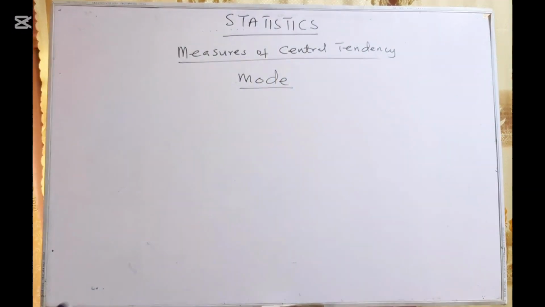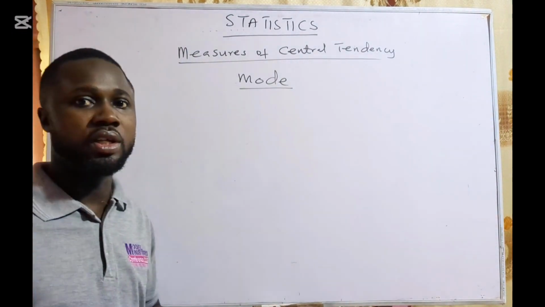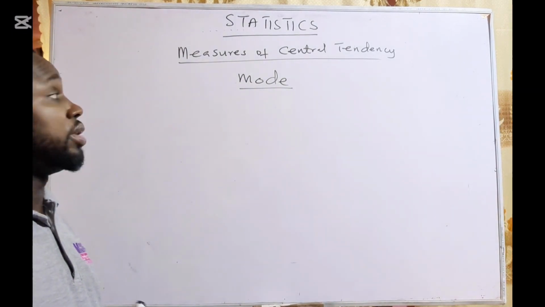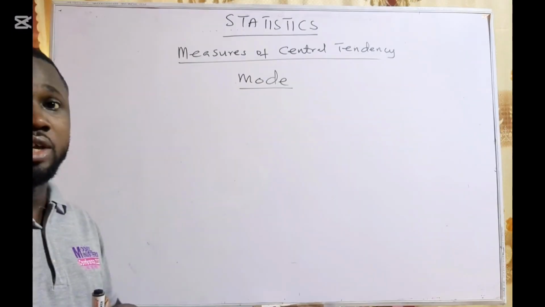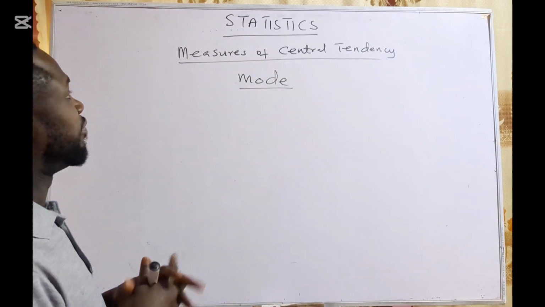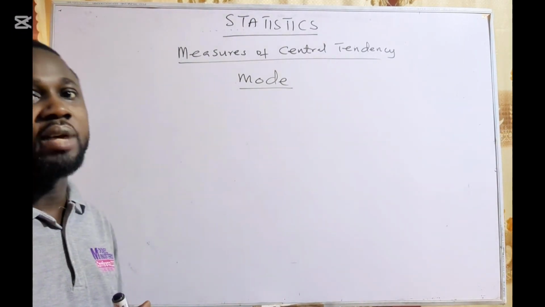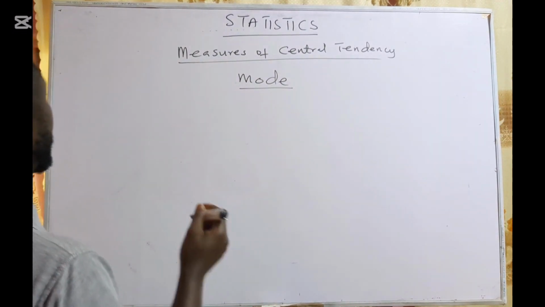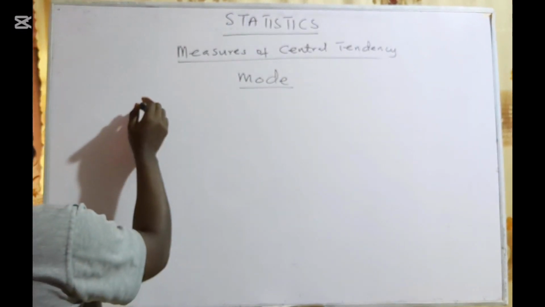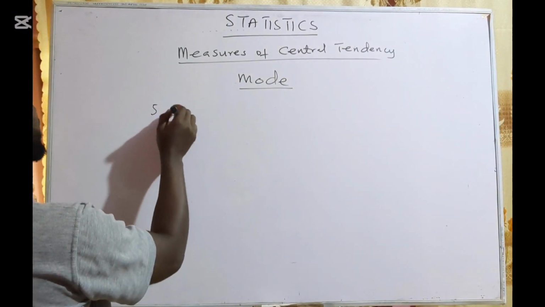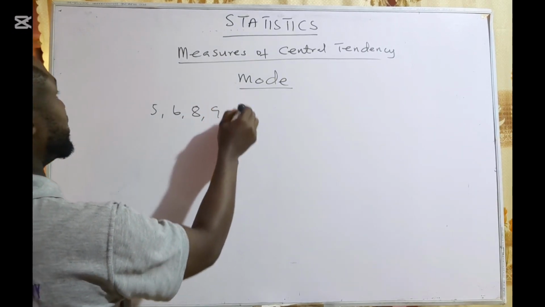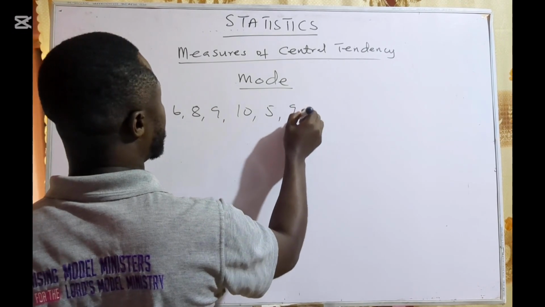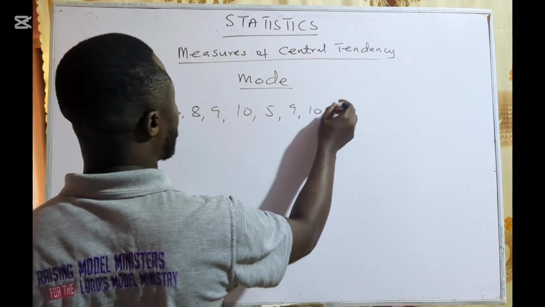When we talk about the mode, the mode is the value with the highest frequency of a given data, or the value that appears the most in a given data. Let's say I'm given the data 5, 6, 8, 9, 10, 5, 9, 10, 5.